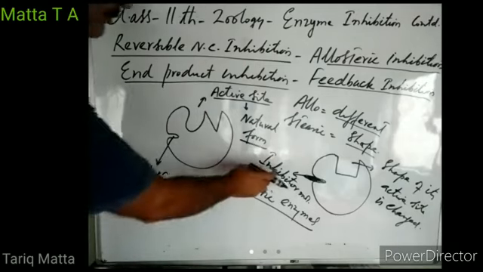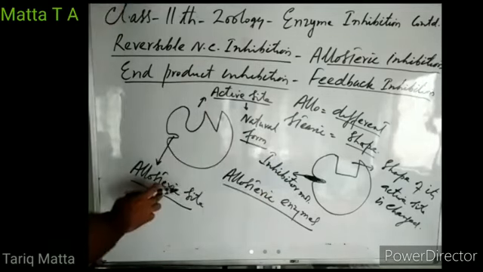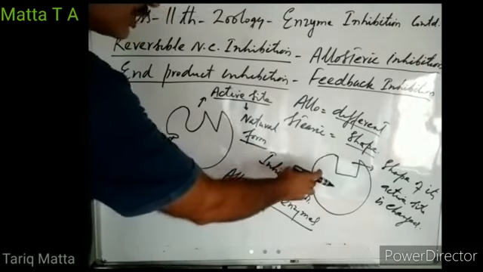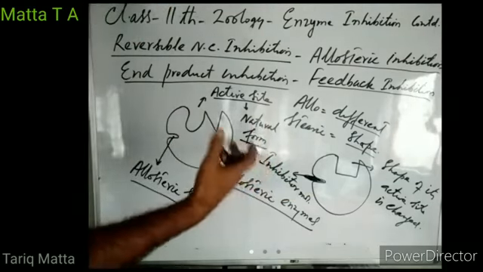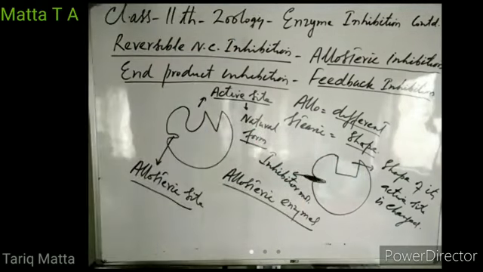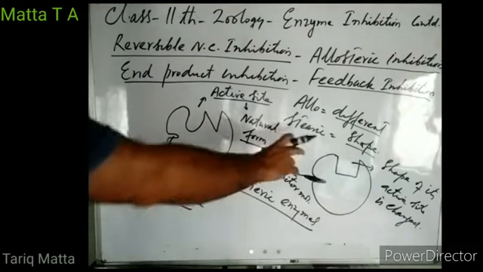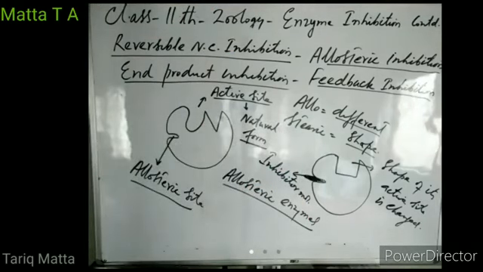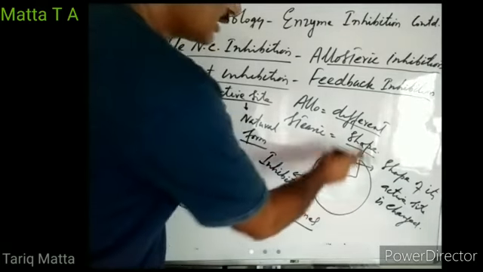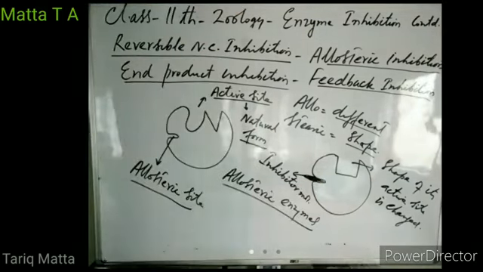But as the inhibitor molecule binds to the allosteric site, it affects the enzyme in such a way that the shape of the active site gets modified and the substrate cannot bind to it now. So we say that the enzyme gets inhibited, right? So for that reason, we call them allosteric enzymes.